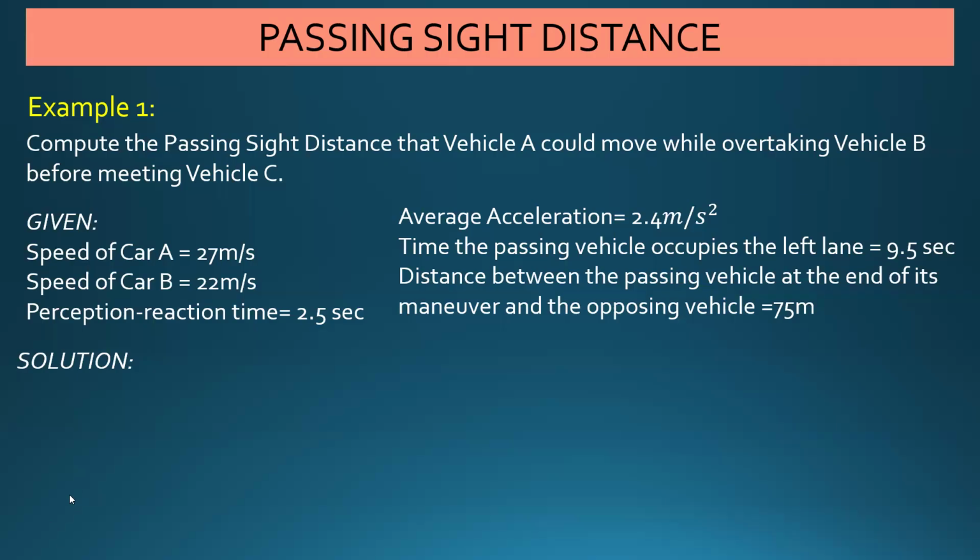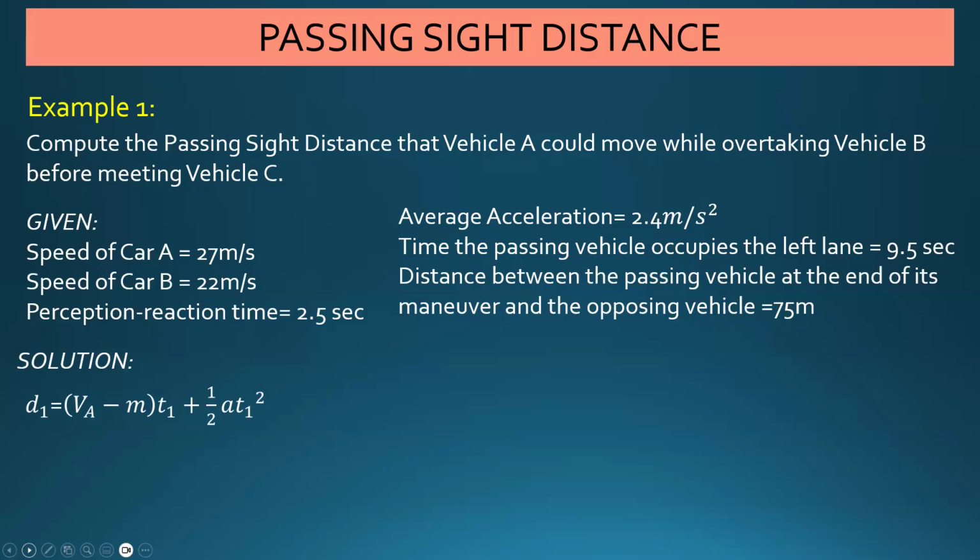So let's solve again. Passing sight distance is the summation of the four distances. We will take them one by one. Let's start with our d sub 1. Let's recall that our formula is (v sub a minus m) t sub 1 plus 1 half a t sub 1 squared. We already have our v sub a, which is 27 meters per second, and our a, or the acceleration, is 2.4 meters per second squared.